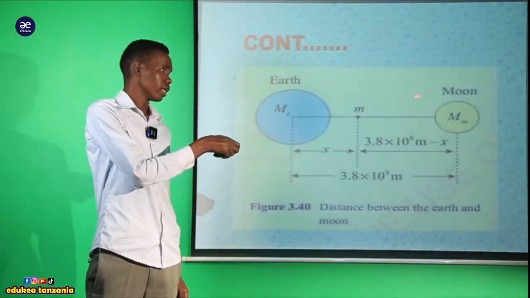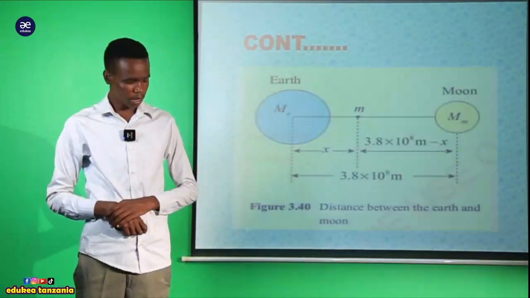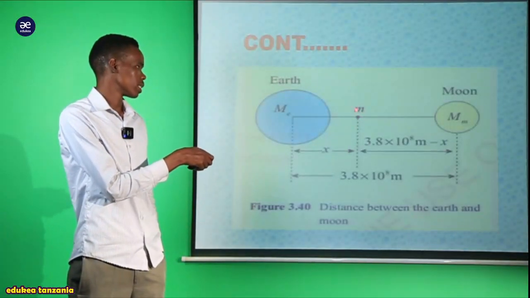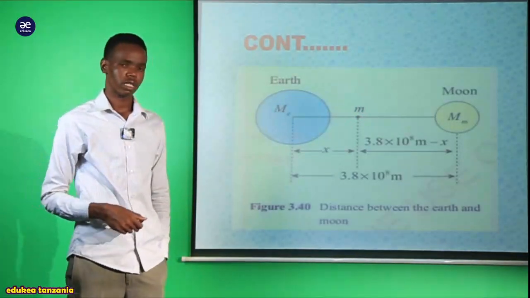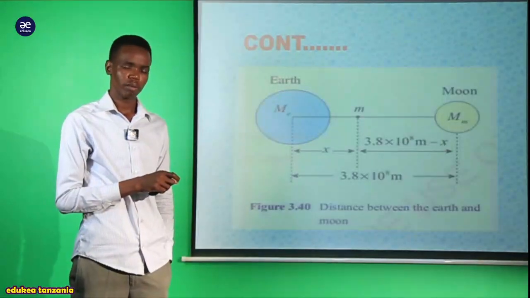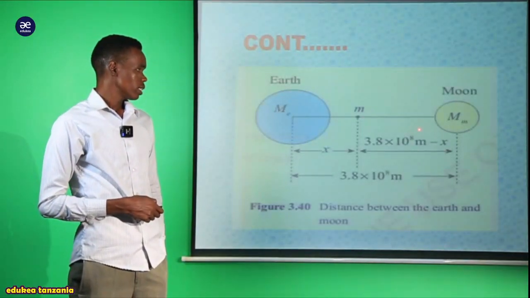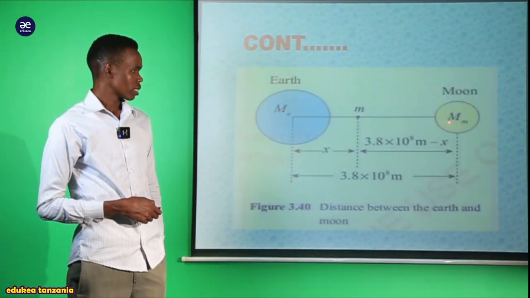This must be the earth and this must represent the moon. But this is our mass here, mass m, as we see that occurs between the moon and the earth.